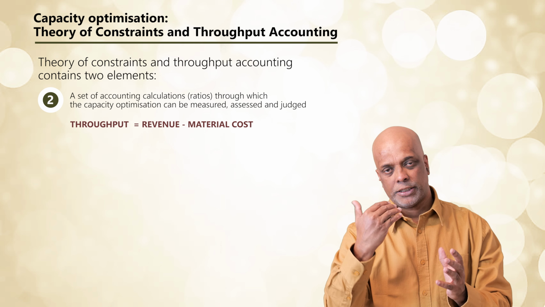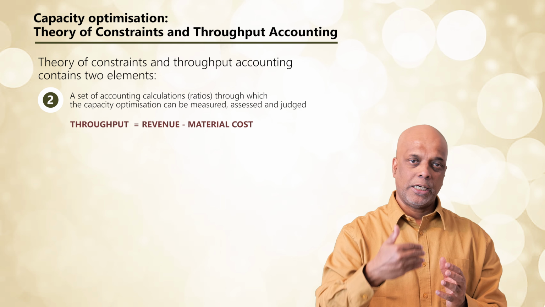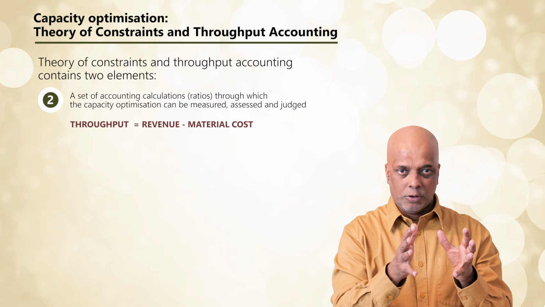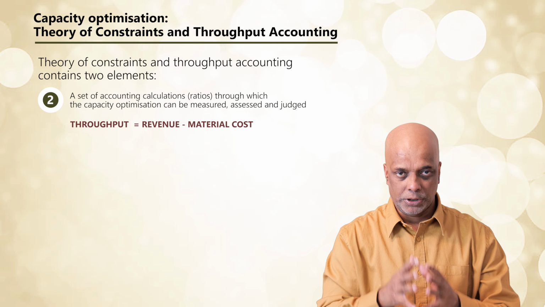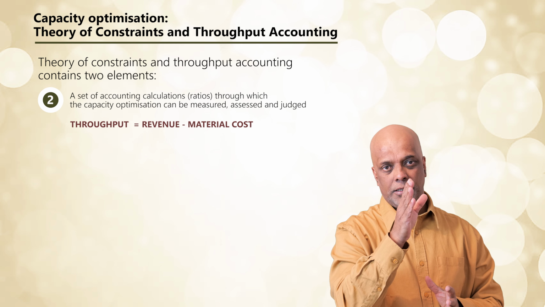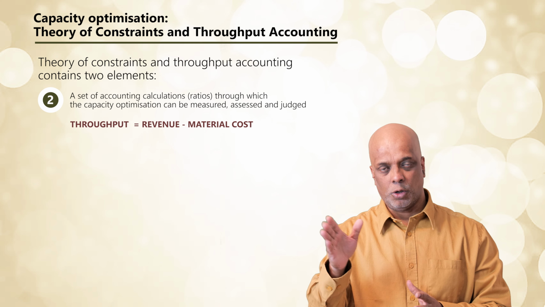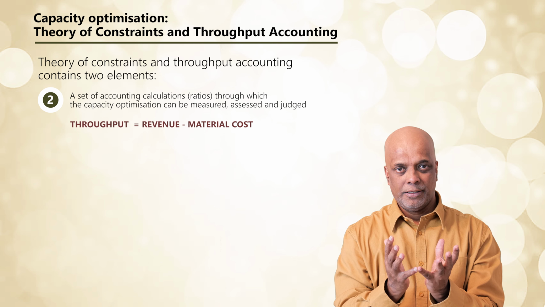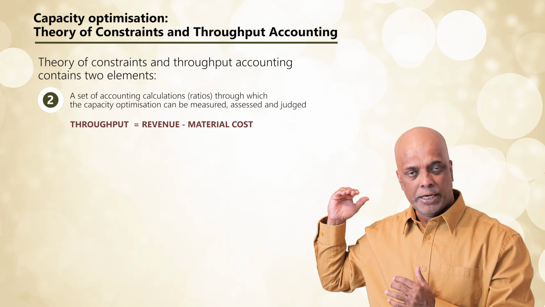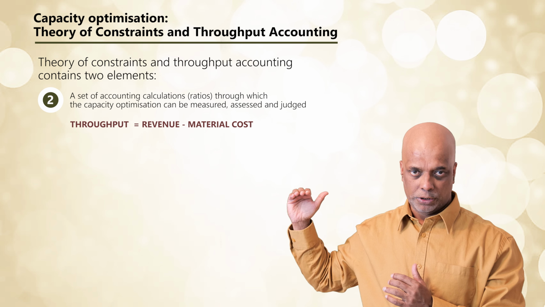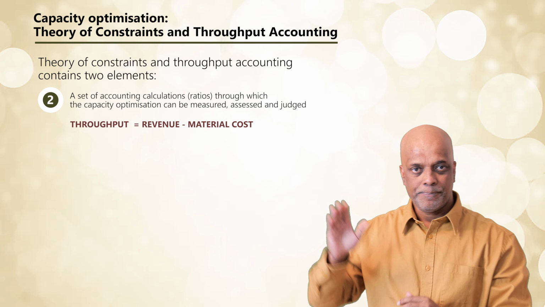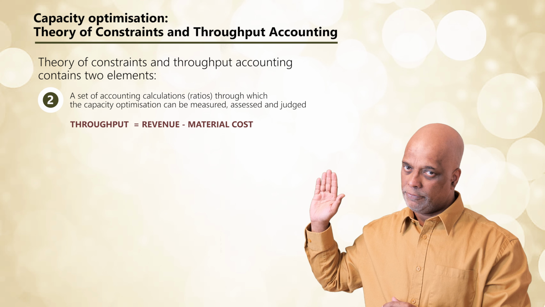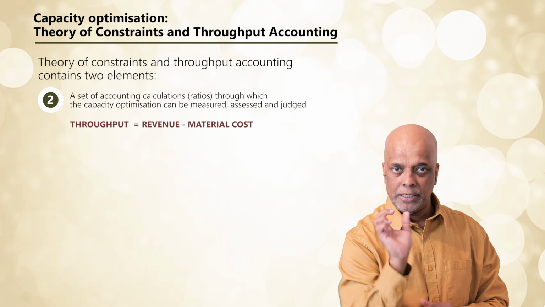In conventional limiting factor analysis, in conventional linear programming, and in conventional management accounting, we have a concept called contribution. The contribution is revenue minus variable cost. Here, in the theory of constraint and throughput accounting, we have a very similar idea and we call it throughput. Throughput is defined as revenue minus the material cost. Not the variable cost, but only the material cost.